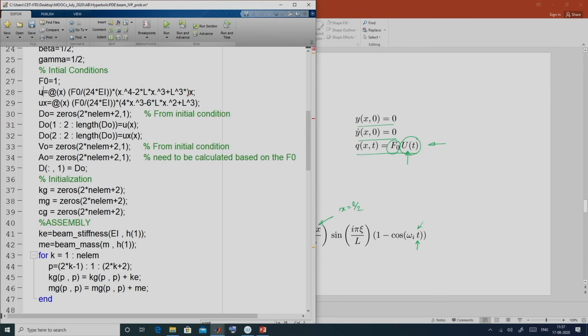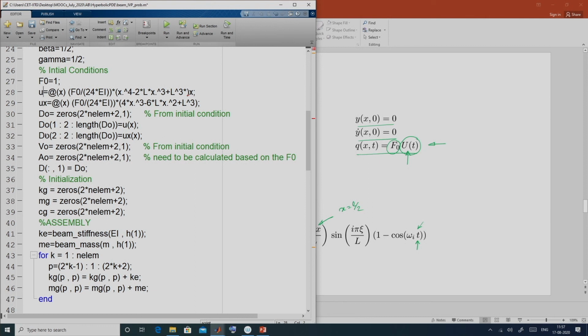Once we do that, we have obtained this nodal displacement. So d naught is the initial, or old, displacement that we have obtained from the displacement u of x that I just defined here.